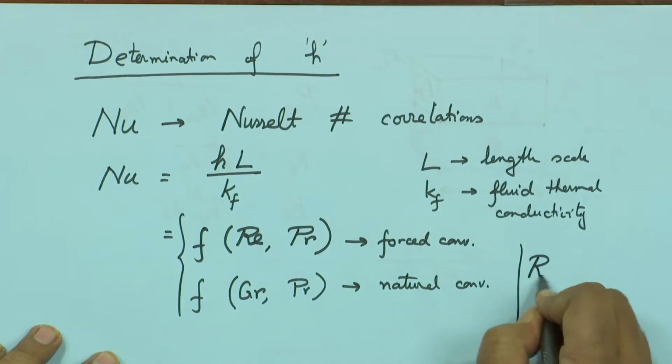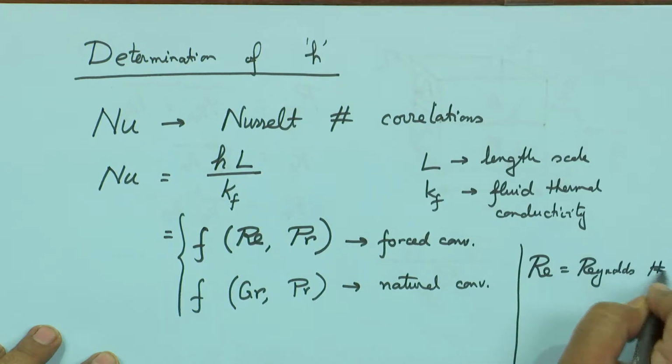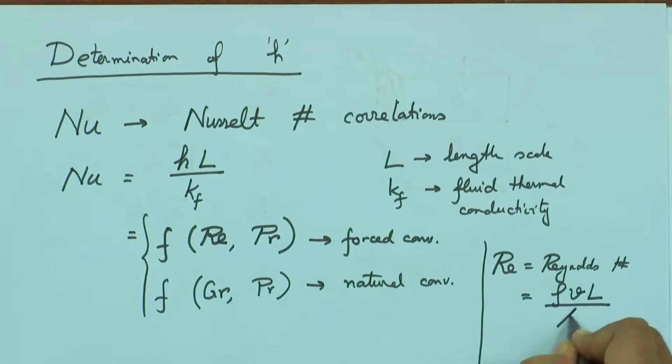Now, what is Reynolds number? Re is Reynolds number, typically given by rho, the velocity v, L, which is the length scale, over mu.